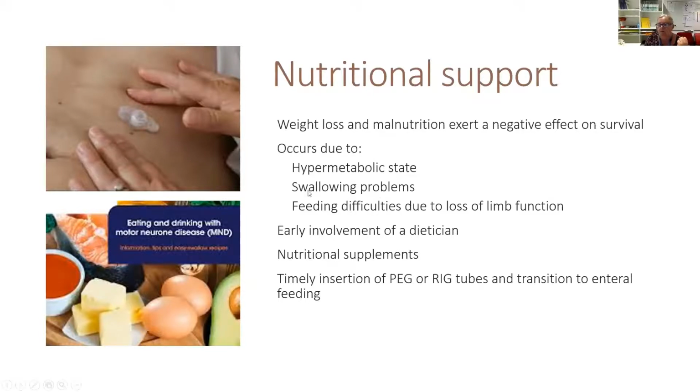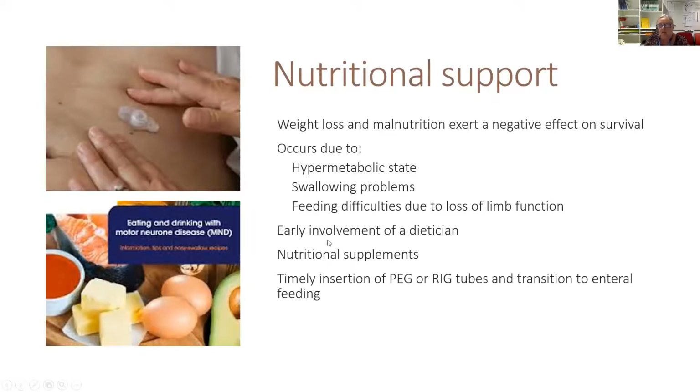Swallow problems as well, and also feeding difficulties. If you have a loss of limb function with your arms, then feeding is quite difficult, and you may take in less food if you're relying on someone to feed you.